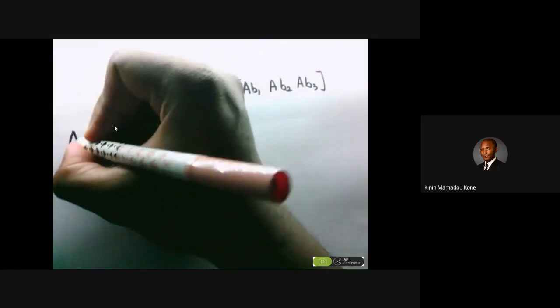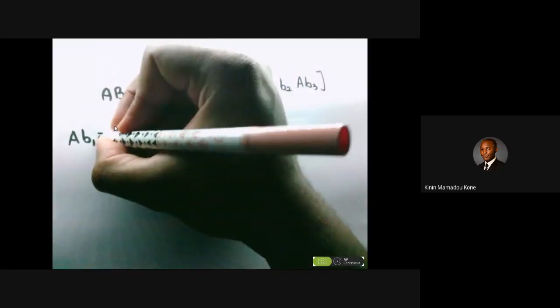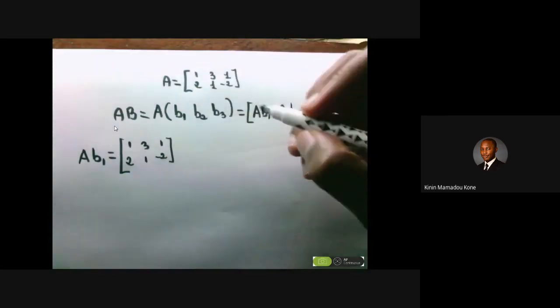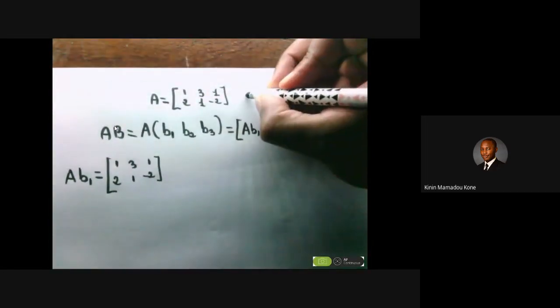So AB1 is equal to the matrix A. A is given. A is actually 1, 3, 1, 2, 1, negative 2. So AB1, 1, 2, 3, 1 here, 1, negative 2, times B1. B1 is going to be, this is my B matrix over here.